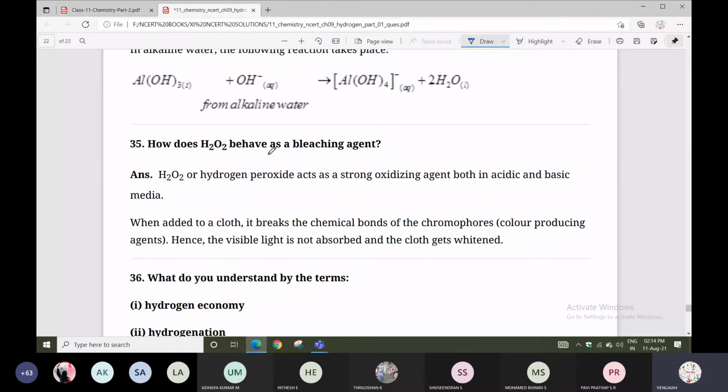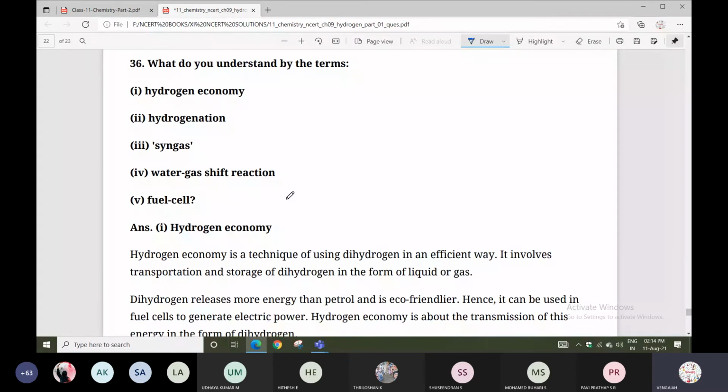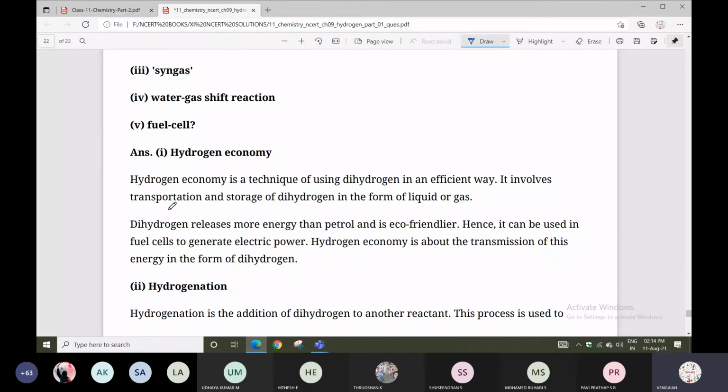What do you understand by the terms hydrogen economy, hydrogenation, syngas, water gas shift reaction, and fuel cells? What is the meaning of hydrogen economy? Hydrogen economy is the technique of using dihydrogen in an efficient way.